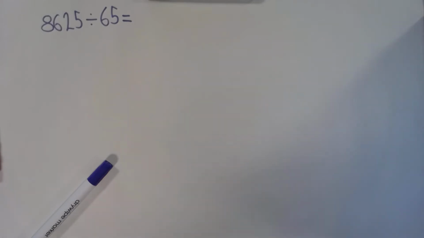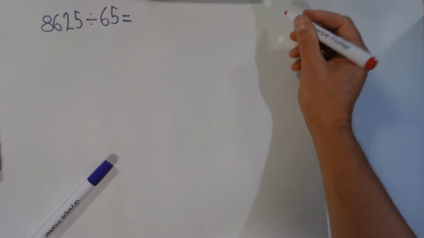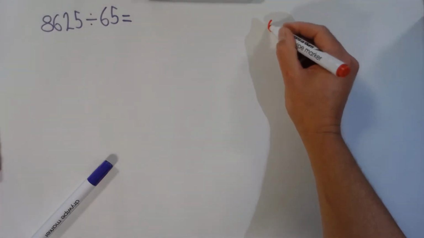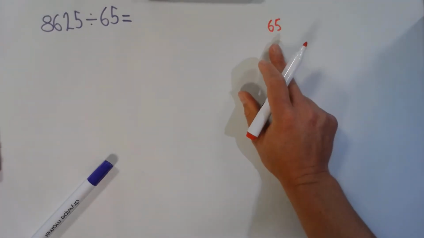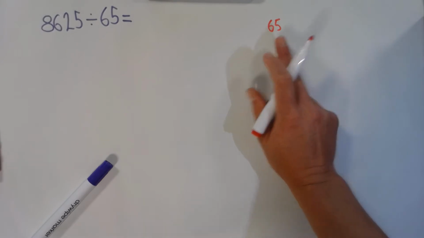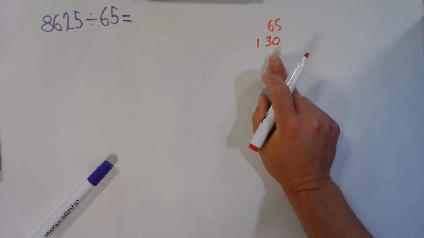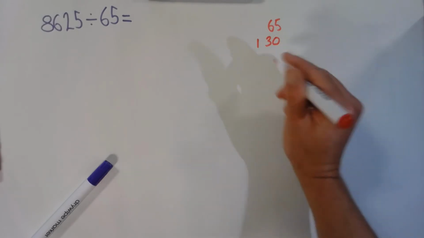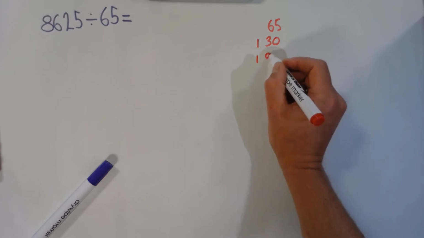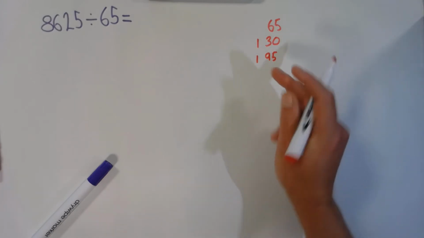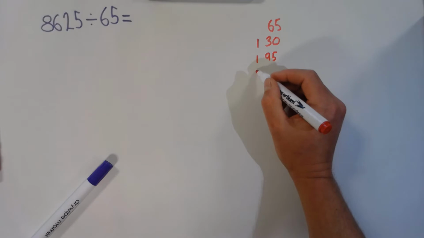So if I do my 65 times table down here, it's going to be 65, and then add 60, add 5: 65 add 60 is 125, add 5 gets me to 130, add 60, 190, add 5, 195. And that's going to go on and on as we go through our times table.